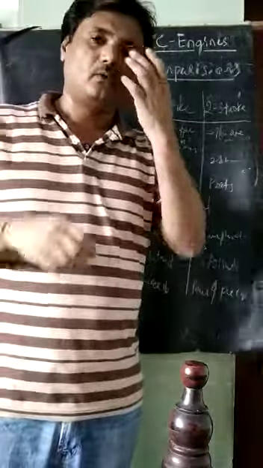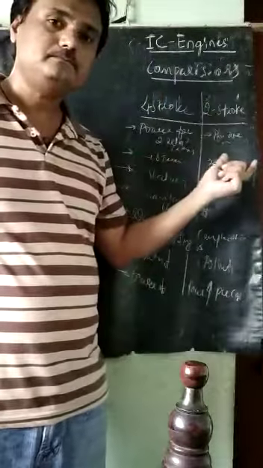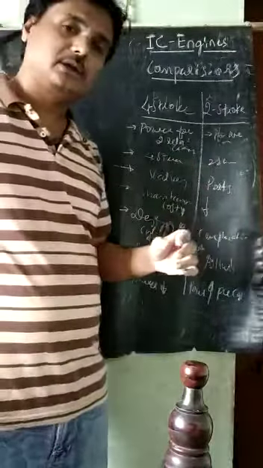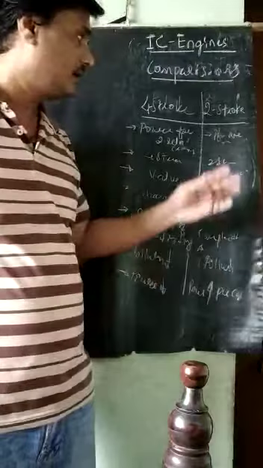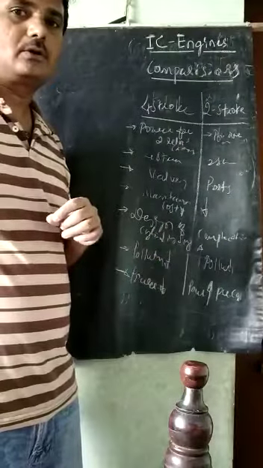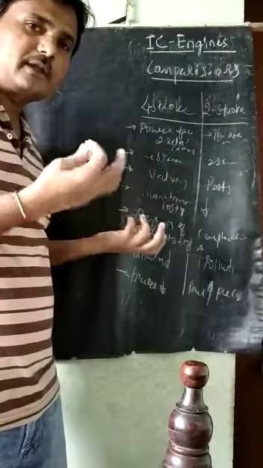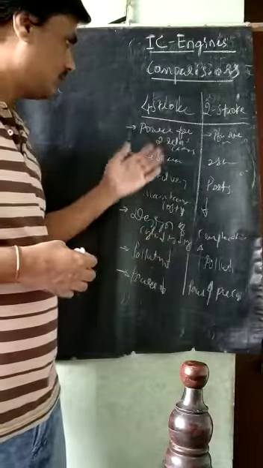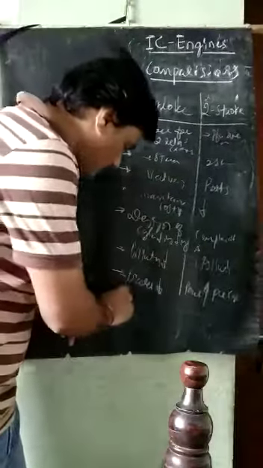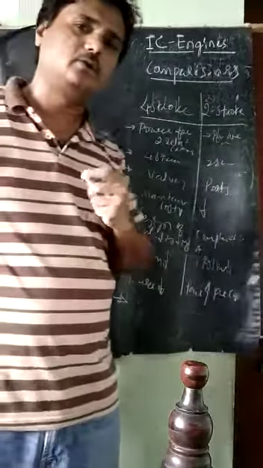Because we get power in only 1 revolution of the crank in the 2 stroke, whereas in the 4 stroke we get power per 2 revolutions of the crank. So per cycle the power is less in the 4 stroke and more in the 2 stroke.